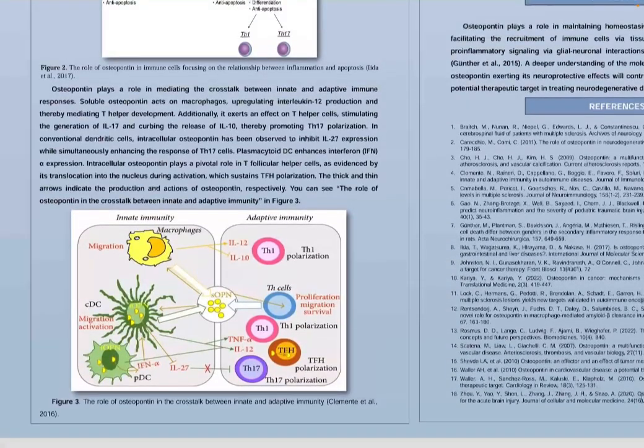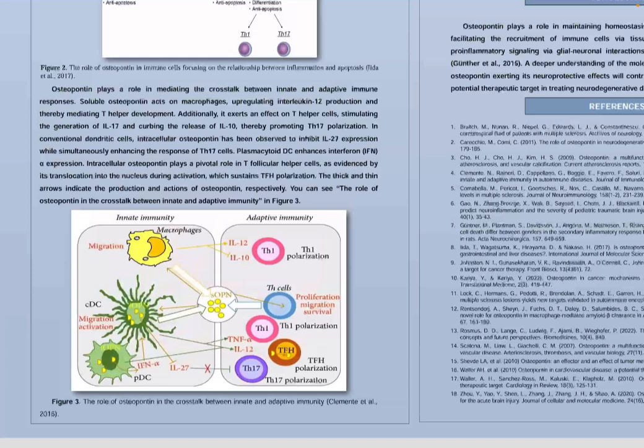Osteopontin plays a role in mediating the crosstalk between innate and adaptive immune response. Soluble osteopontin acts on macrophages, upregulating interleukin-12 production and thereby mediating T helper development. Additionally, it exerts an effect on T helper cells, stimulating the generation of interleukin-17 and curbing the release of interleukin-10, thereby promoting Th17 polarization.